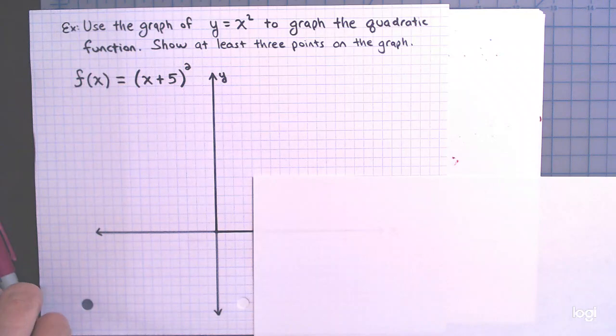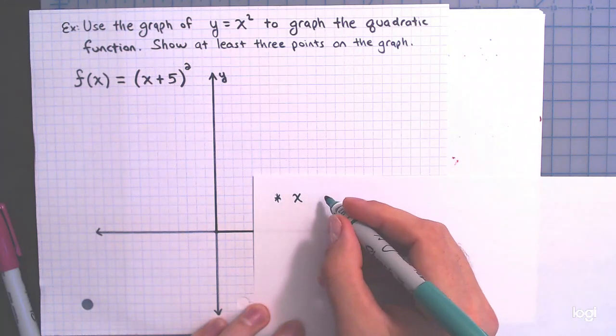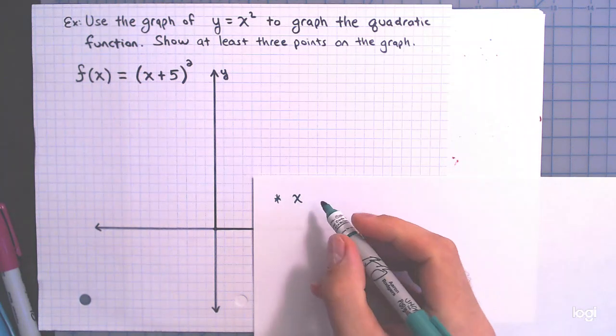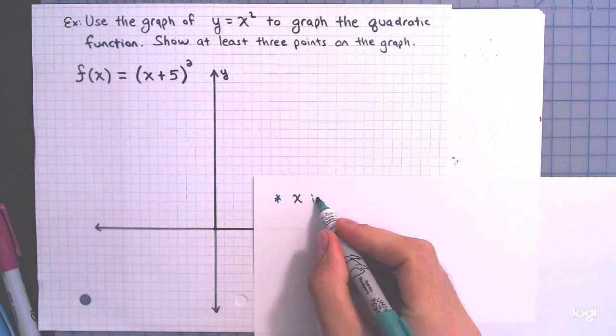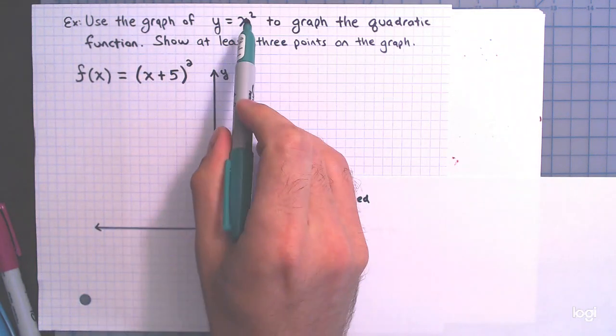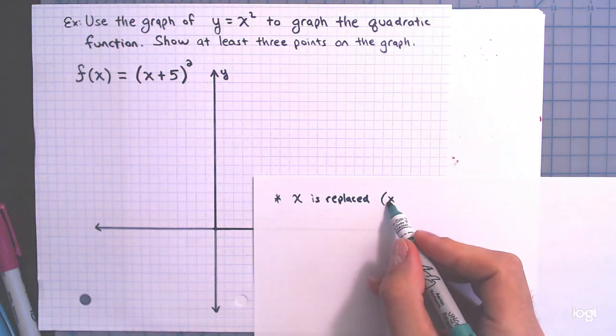But what we're going to see here, notice that x in the original expression was replaced by x plus 5. So x is replaced, right, in the original expression. x is replaced by the quantity x plus 5.